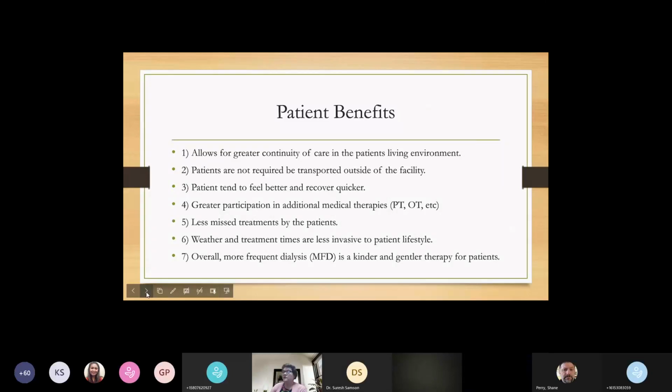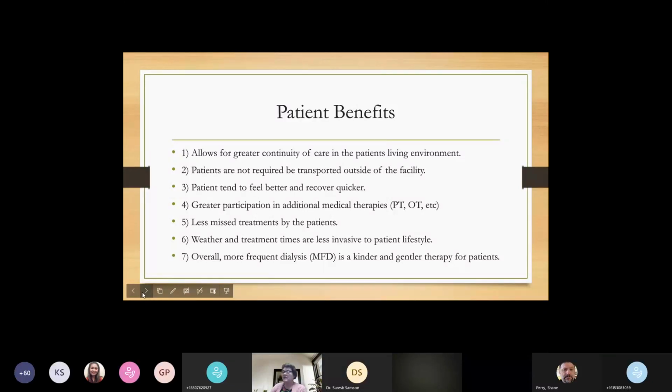We find that with more frequent dialysis, our patients really do feel better. I may not have the clinical studies to show the benefits in a skilled nursing facility over conventional, but my experience has been that our patients who do more frequent dialysis have a better quality of life.